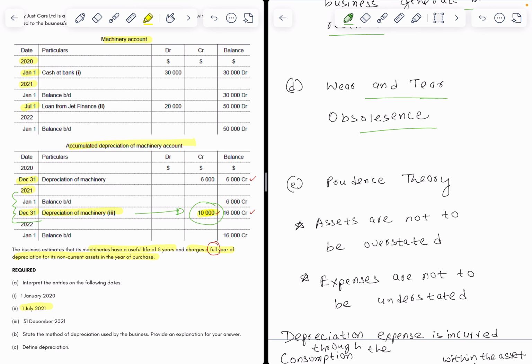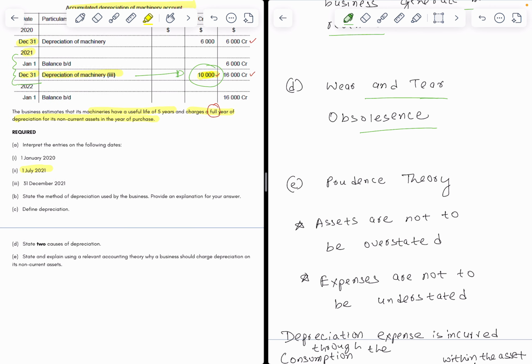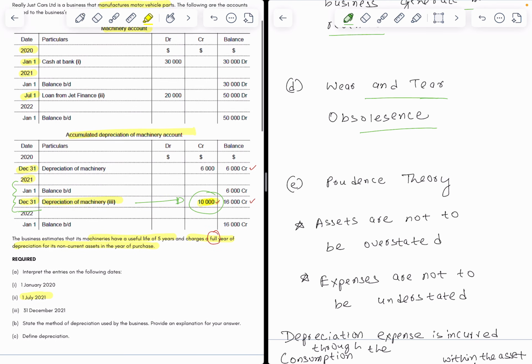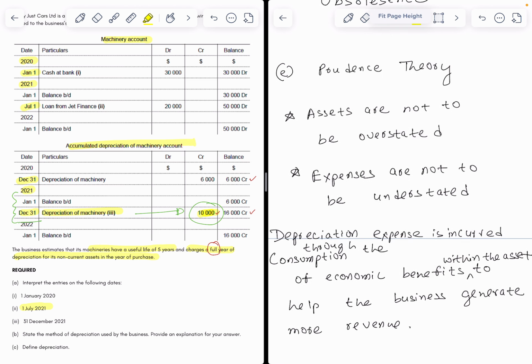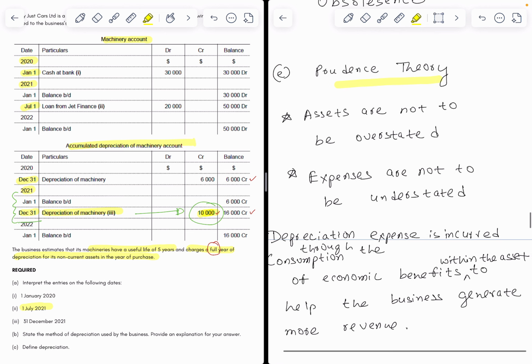Now, what about part E? State and explain, using a relevant accounting theory, why a business should charge depreciation on its non-current assets. So this is what we classify in this case as the prudence theory, which is most important, because prudence theory simply says do not overstate assets, do not overstate profits, do not understate your liabilities, and do not understate your expenses.